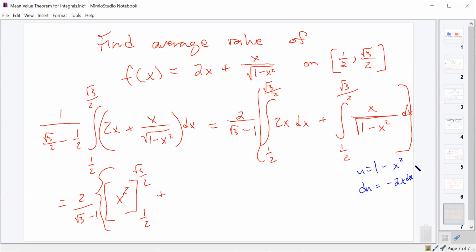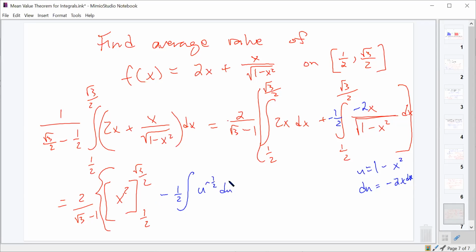Negative 2x. Yeah. So we're going to put in a negative 2 and a negative 1/2. Should have given you some better values for this probably, but we'll have minus 1/2 here. And now it becomes an integral of the negative 2x dx will become du, and then this will become u to the negative 1/2.